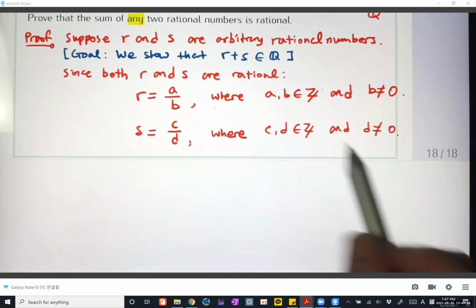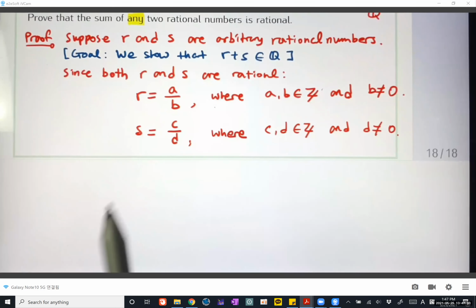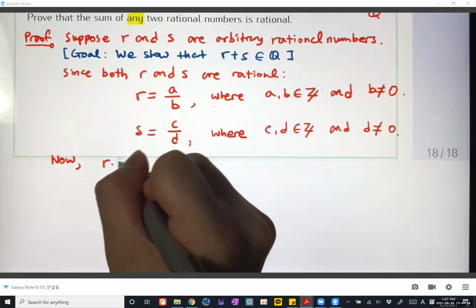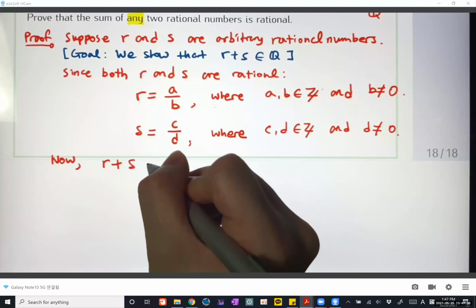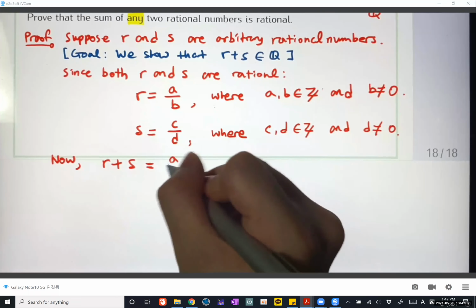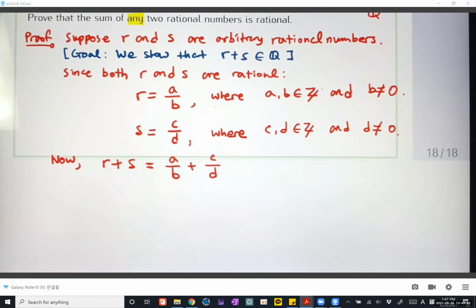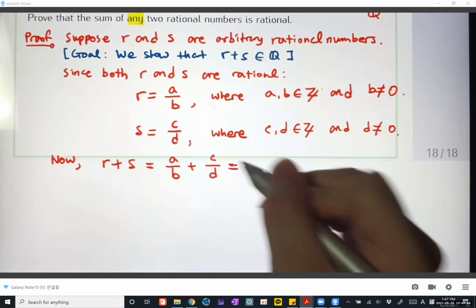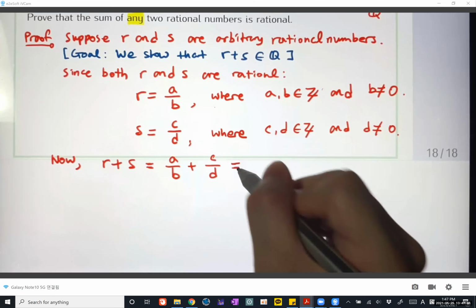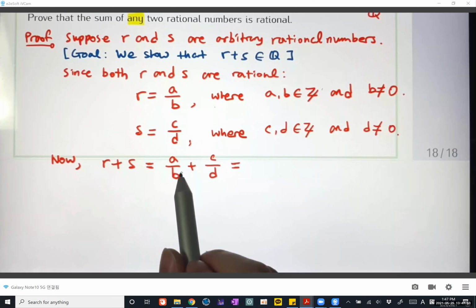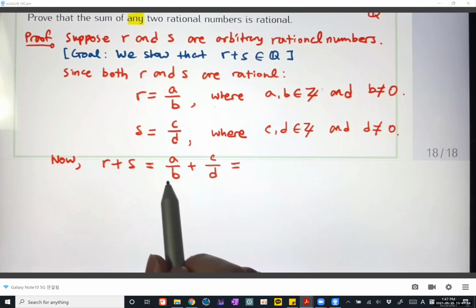Okay, now we want to show R plus S. So now we do summation of R and S. R plus S is equal to A over B plus C over D, like so. Can I skip some steps and tell you the answer for this summation with a common denominator? The common denominator becomes BD.